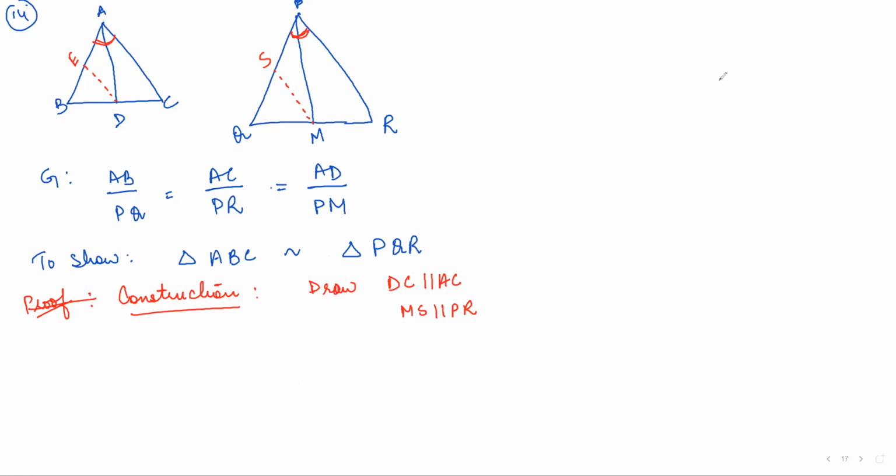Now, if you remember the midpoint theorem, what is the midpoint theorem, Sarah? From the previous classes, we have studied a midpoint theorem. Now, please again revise it. I have a triangle, right? Yes, ma'am. Let's say D is the midpoint of BC.